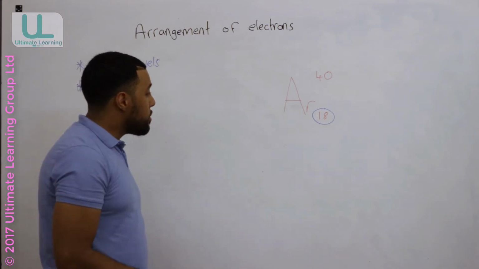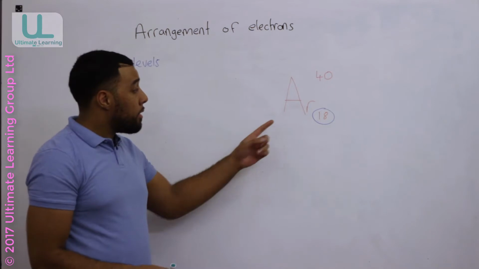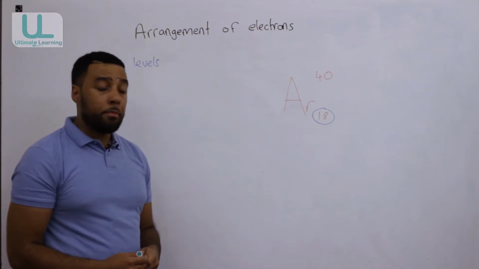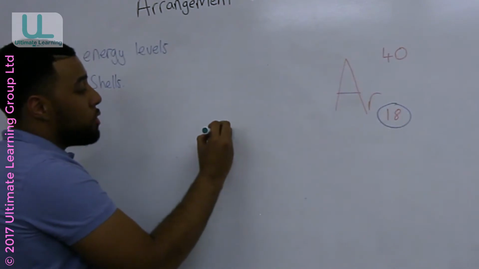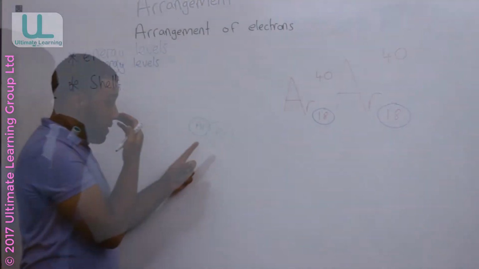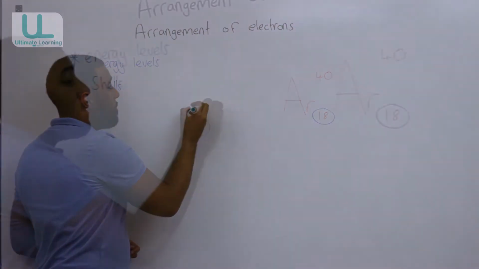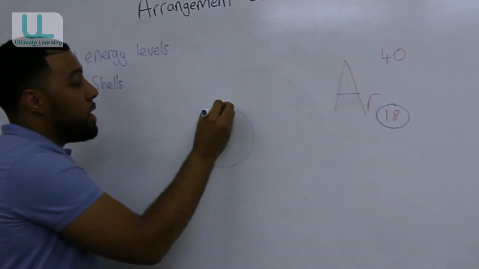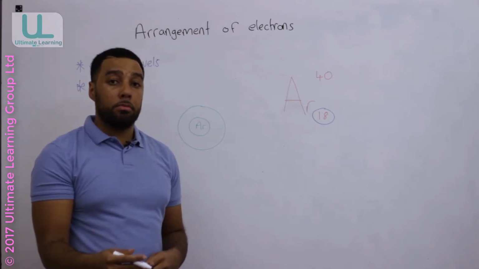You could be asked to draw the electron diagram for argon. What we would do is we would draw the argon nucleus. And remember, around the argon nucleus, we would have these energy levels or these shells.